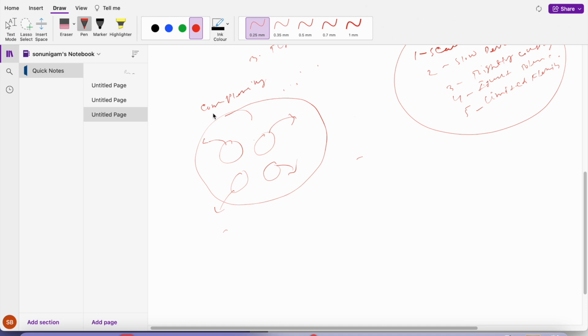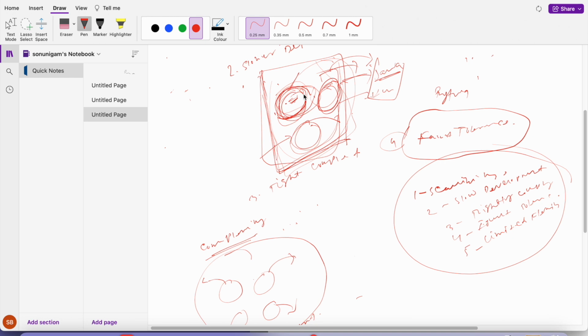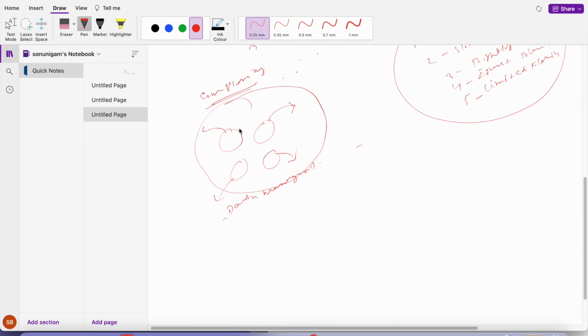Then the second thing is data management. Why data management? In monolithic architecture, all the modules use one database, and all the data is stored in or retrieved from only one database. But here maybe this service uses a different database, and each service has its own database.